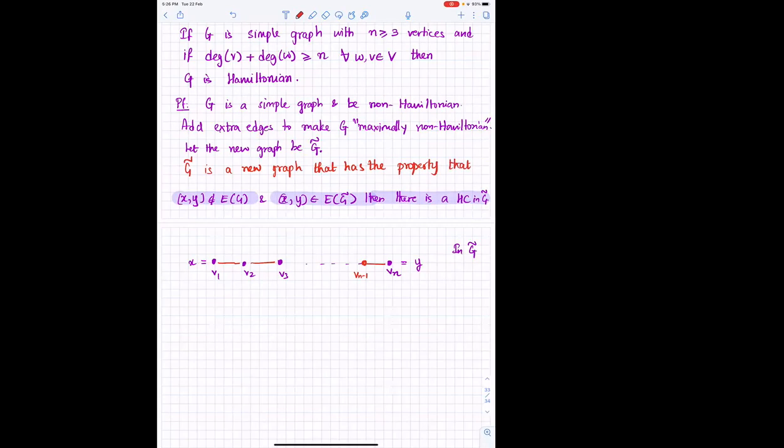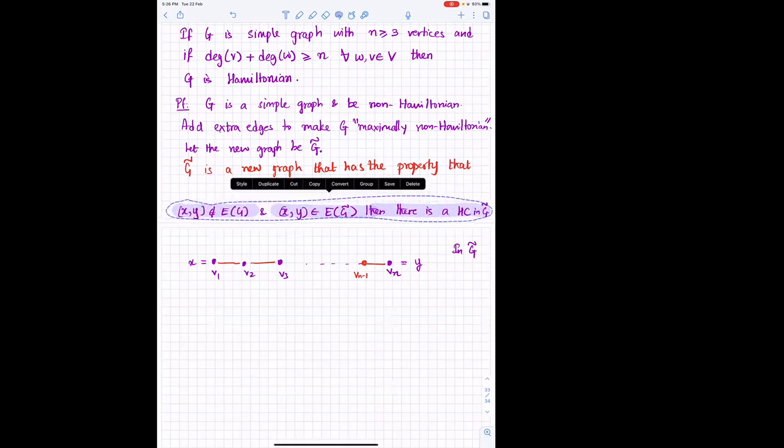So now let me edit whatever I've written. Yes, xy is not in G tilde. But what is the property for any xy that is not in the edge set of G tilde?